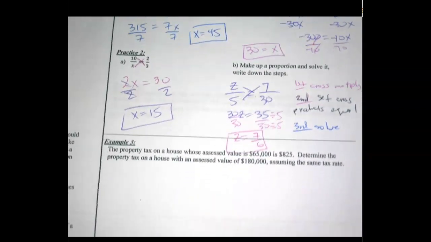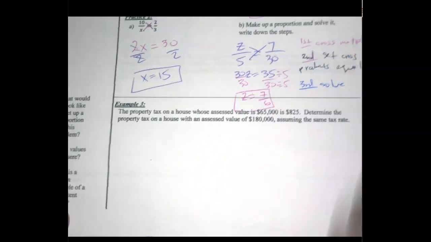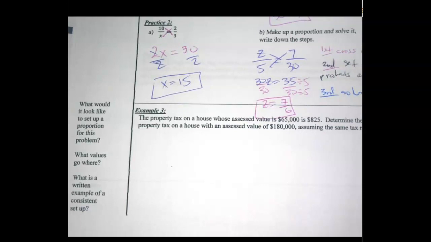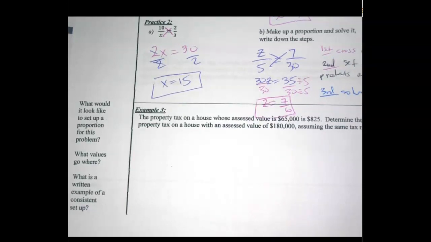So there's that. This next one is a proportional problem. Right, there's some questions here. What would it look like to set up a proportion for this problem? What values go where? Just kind of some things to think about. What is a written example of a consistent setup? So consistent setup simply means this.